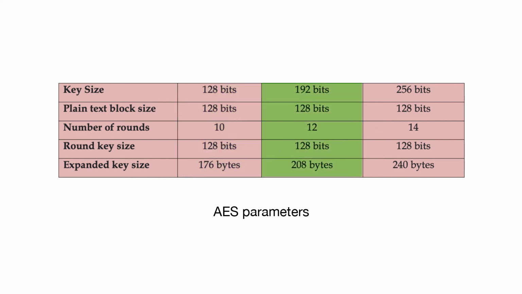And for 192 bits key size, plain text block size is 128 bits, number of rounds is 12, round key size is 128 itself and expanded key size is 208 bytes. And for a key size of 256 bits, the plain text block size is 128 bits, but the number of rounds is 14, round key size is 128 bits and the expanded key size is 240 bytes.